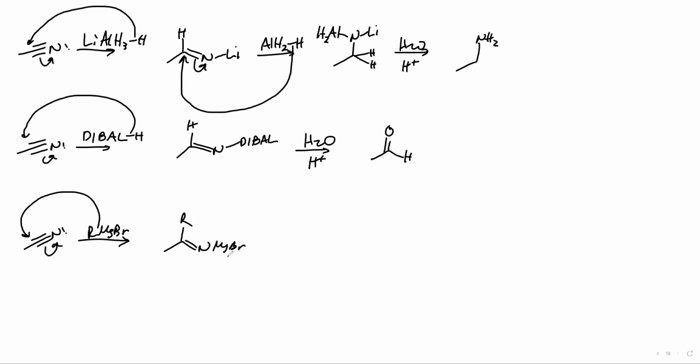Well, the interesting thing is that if you look at the DIBAL intermediate and this one, they're kind of the same, right? This will actually quench to a ketone. So notice how these are the same, how it kind of stays in place. Sorry, the imine here will hydrolyze to the ketone.